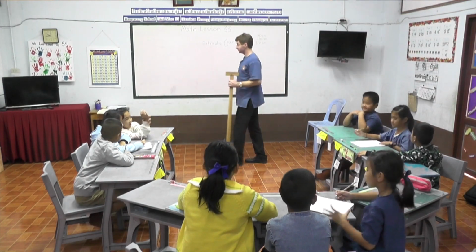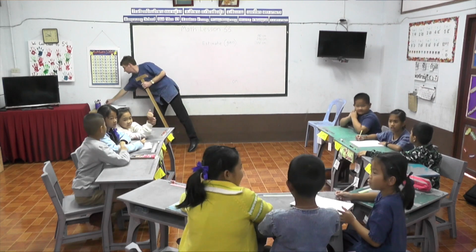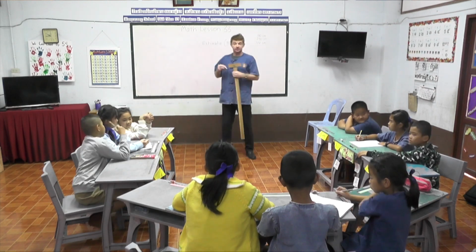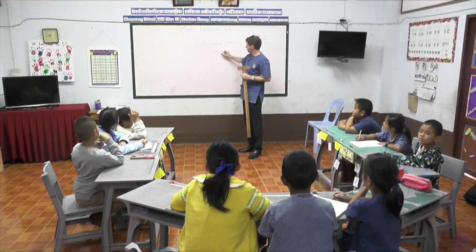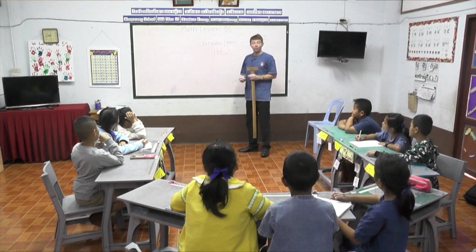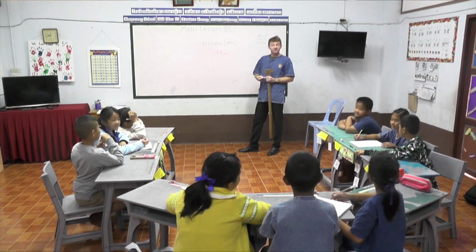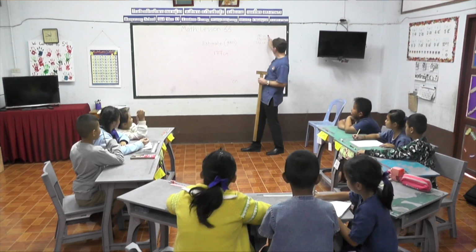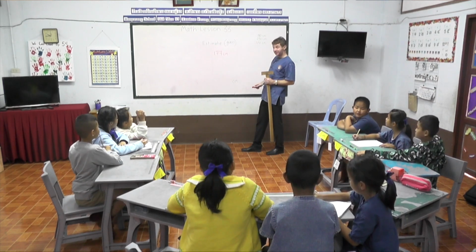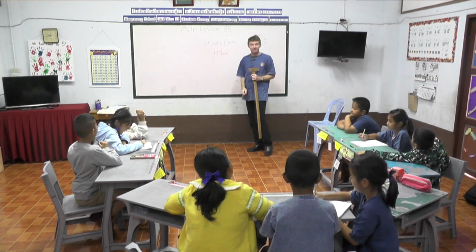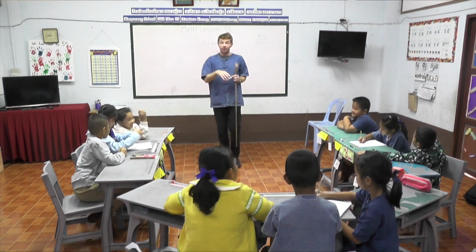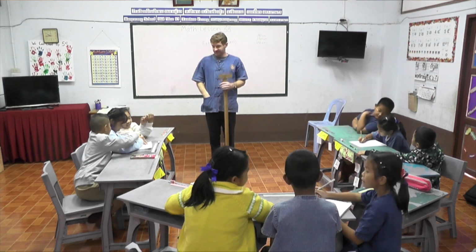Teacher Wes is actually, ready? Teacher Wes is 177 centimeters. So Nadia, very good. You said 180. I am 177. So what you need to do is work out the difference.